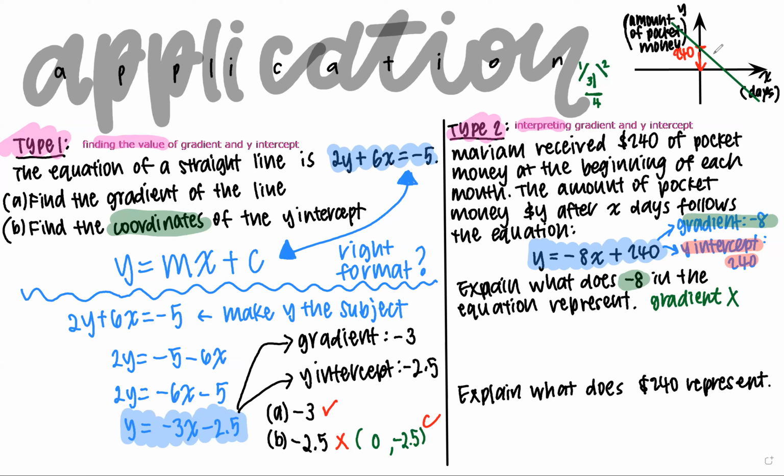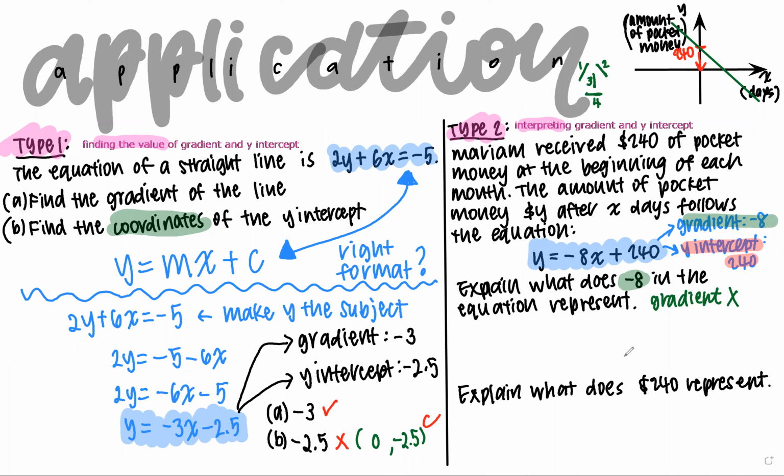It's a point in the line. So what then? Tell you guys about the Y-intercept. When does it happen?